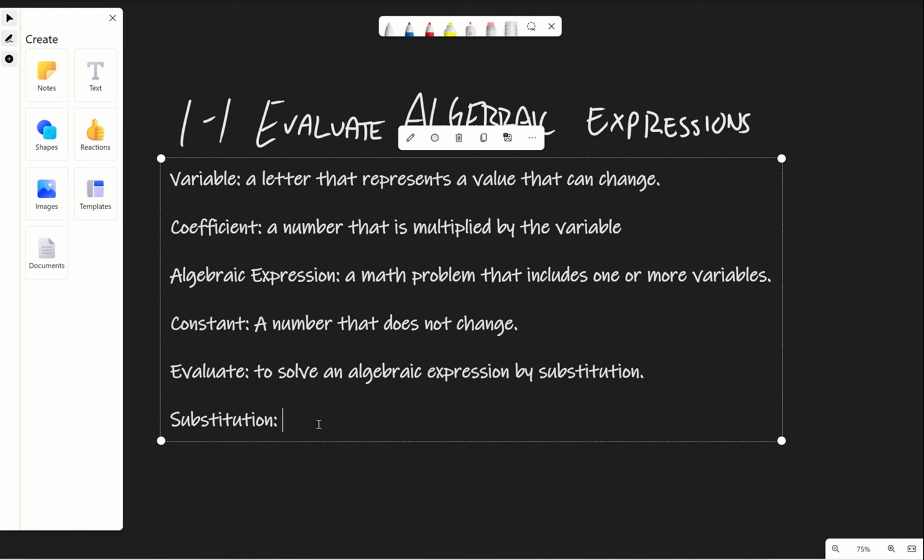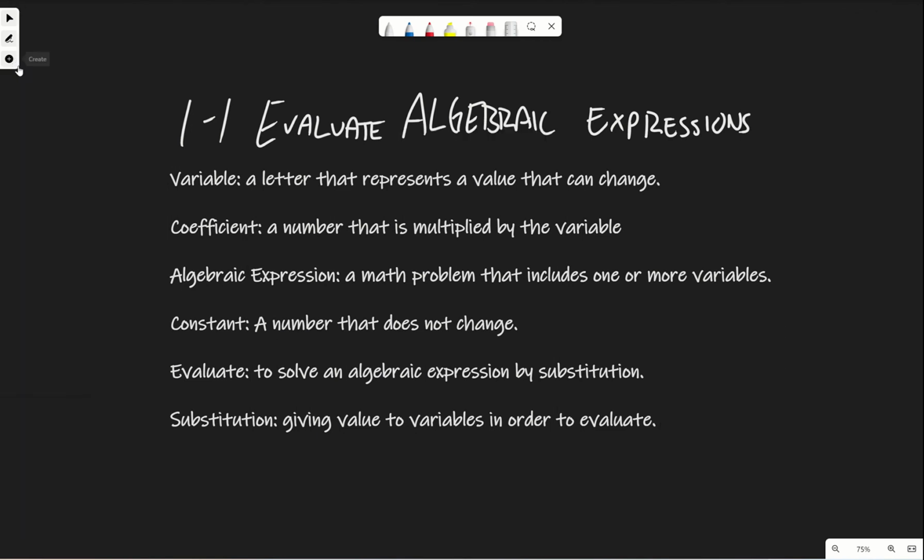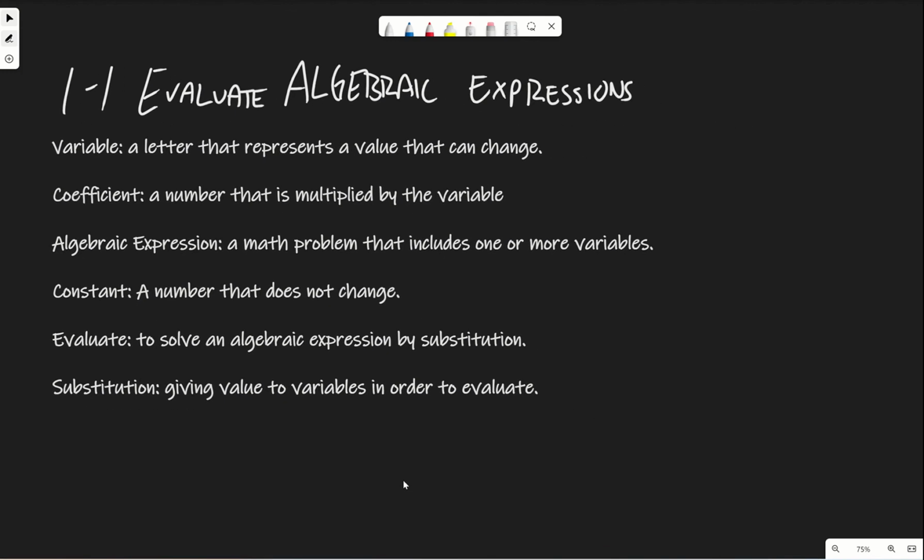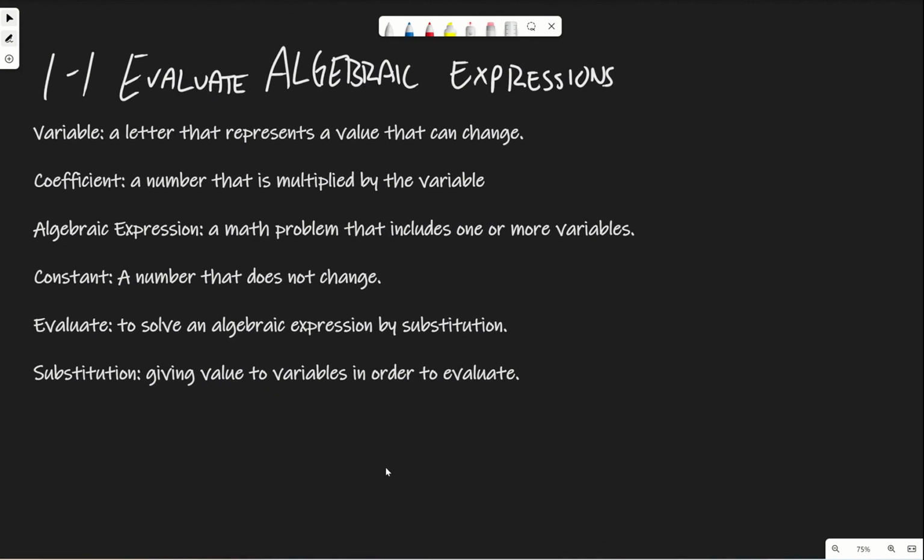And so that brings us to our last one, substitution, which means we are giving value to variables in order to evaluate. So substituting means we're giving value to the variables that exist out in the world. All right, that is all of our vocabulary. So let's now go through and talk about a little bit what some of these might mean.